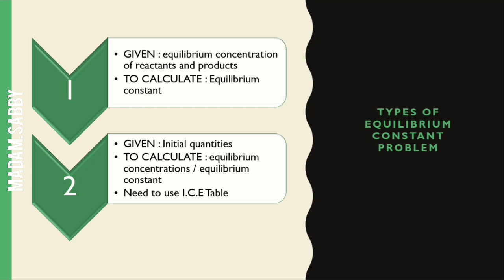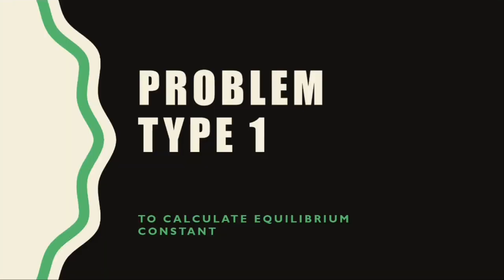Then take a calculator, grab a few pieces of A4 paper, a pen, as well as your mind, so you stay focused till the end of this video. Because in this video I already prepared a few quizzes that you need to submit to me before our next class. Let's discuss problem type 1, which is to calculate the equilibrium constant.